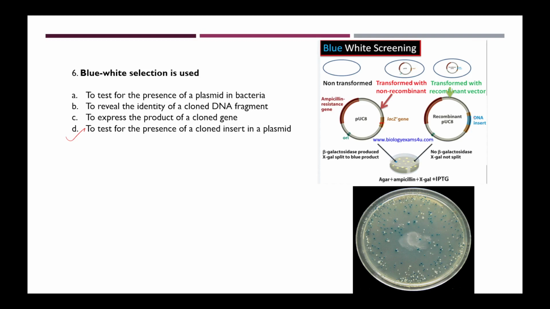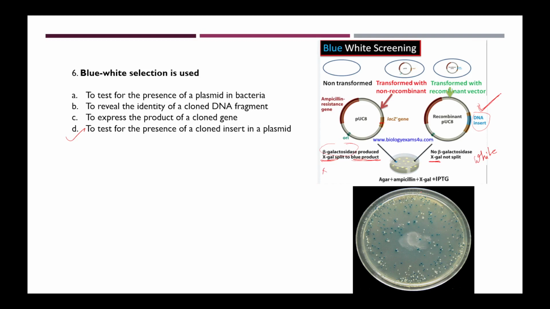If LacZ is active, it can convert the X-gal substrate to a blue color product with the help of beta galactosidase. If the DNA insert is present, the beta gal will not be active, and X-gal cannot convert into a blue color product. So DNA insertion is indicated by white colonies, and the blue colonies will be the non-recombinant colonies.